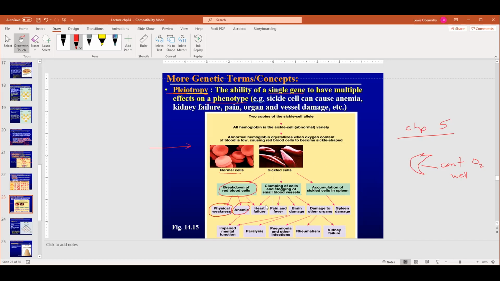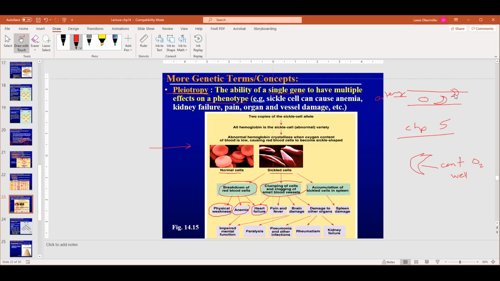If your heart doesn't get enough oxygen, it can't make enough ATP, then the muscles could fail, causing your heart to fail. The sickle cells can also, because they're sickled, blood cells are round because they roll nicely through blood arteries. But imagine if you had a bunch of sickle shapes in there, they'd hook into your artery. This is supposed to be an artery.